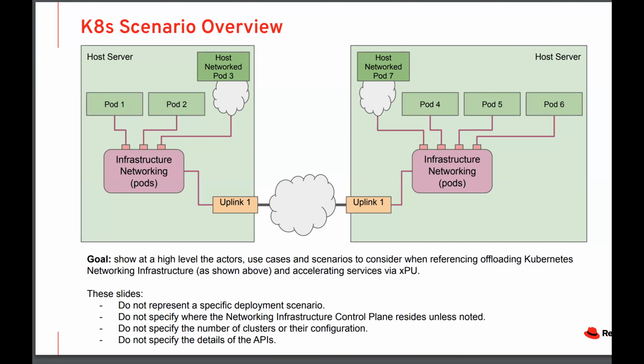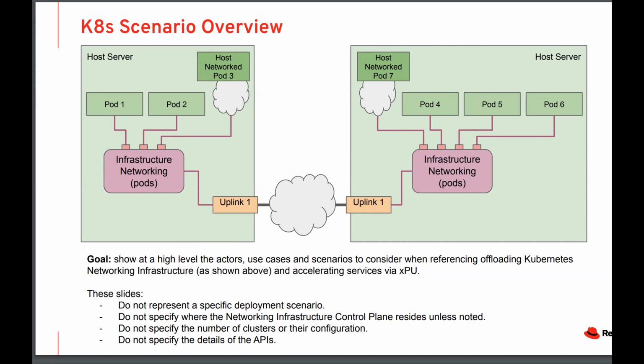Let's see, where are we here? So this is without DPUs, just giving an overview. We do want to point out that some of our drawings are all logical models. I don't want to get too into the details of my arrows and my boxes all going through these networking pods, as we're calling them. For this discussion, we're really saying you've got the CNI setting up some network, and when I tried to draw them separately, it got too confusing. So we just have this block where you've got the CNI setting up the networking.